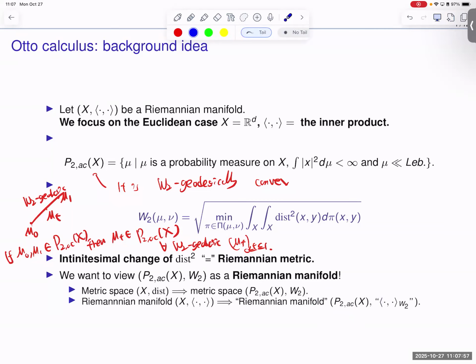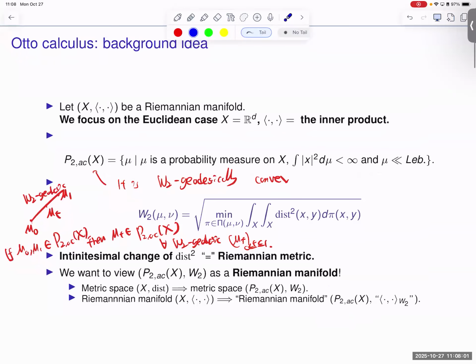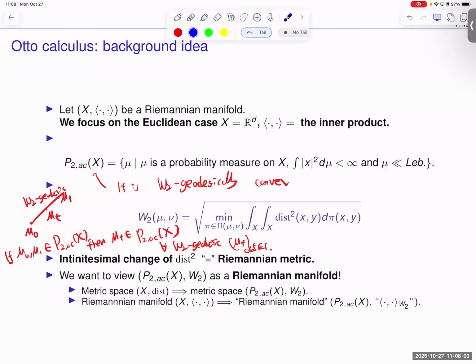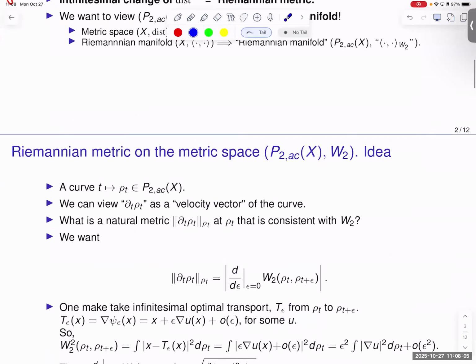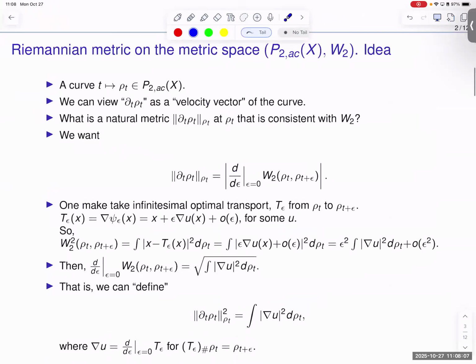Then, of course, the question is how, and what should be such a structure. Now let's discuss the basic motivating ideas of how we consider such a Riemannian metric on the metric space (P2AC(X), W2).